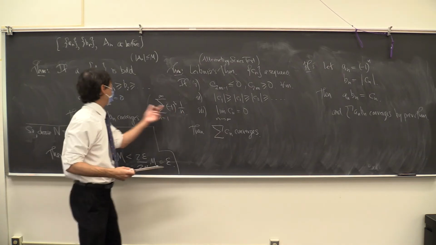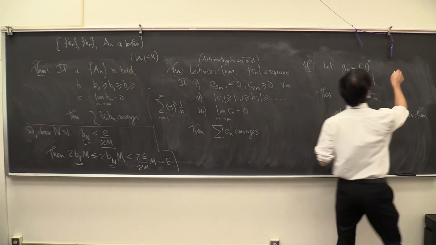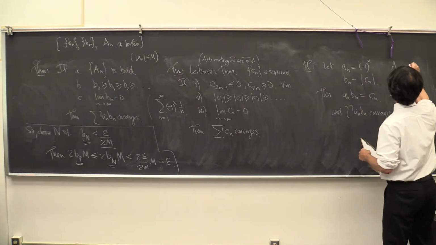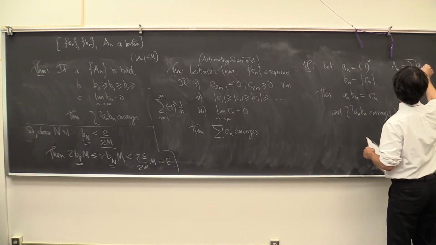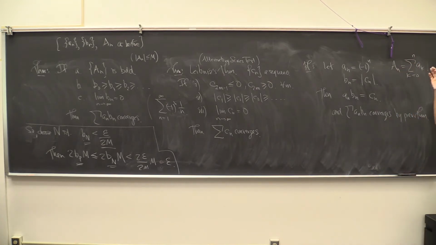Now, remember, the partial sums of the a sub n's are the sums of the a sub k's as k goes from 0 to n. It's the partial sums of the series, where you're just summing -1 and 1, -1 and 1, and so on. That's a bounded sequence.